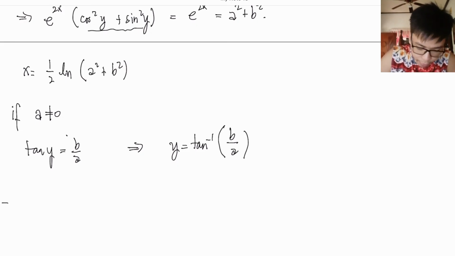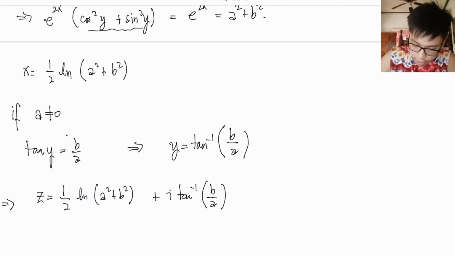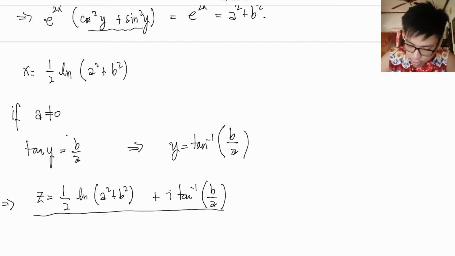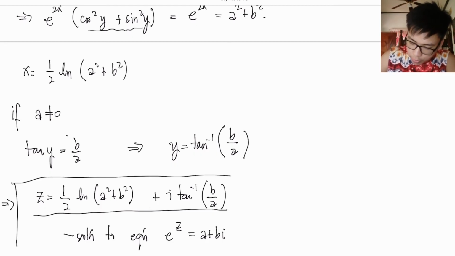Therefore, we have a final formula: z equals 1/2 ln(a² + b²) + i tan inverse(b/a). This z is a solution to an equation of the form e^z equals a + bi. So this is now our formula to remember.